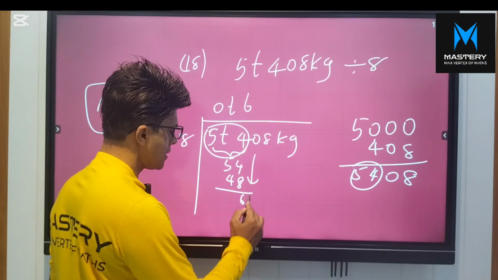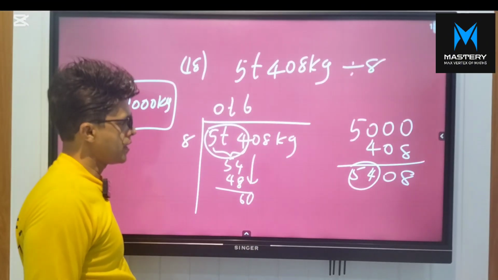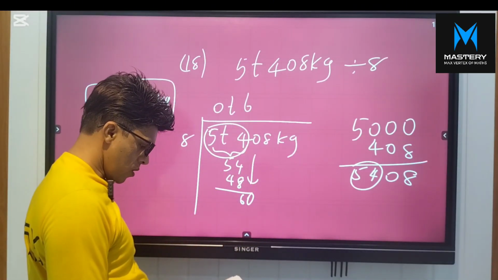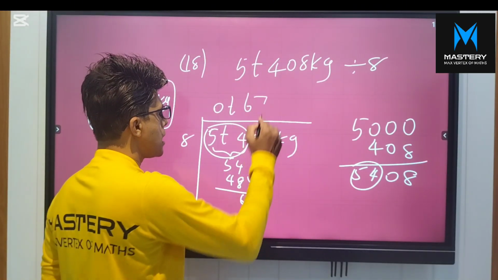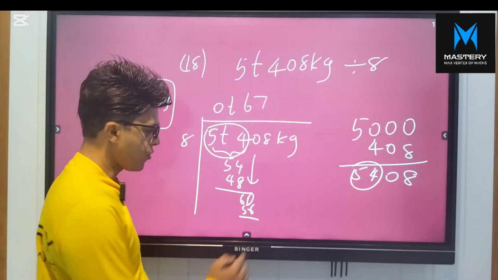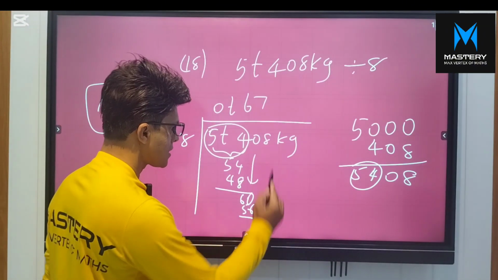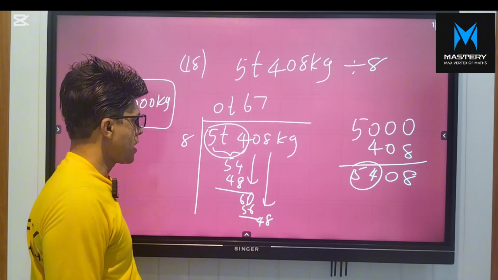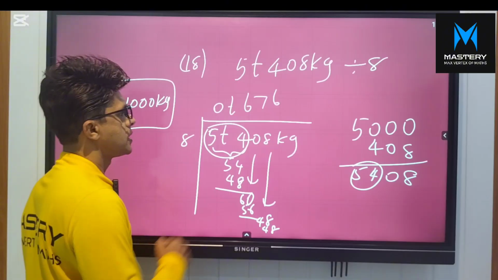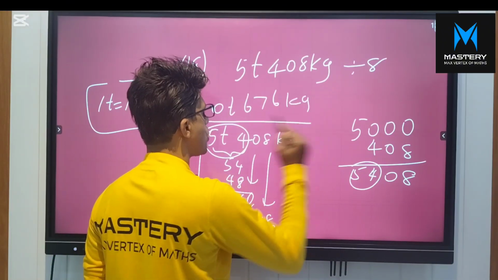Then bring down the 0 here. Then in 60, how many 8 times? 8 times 7 is 56. Then 60 minus 56 is 4. Then bring down the 8, making 48. 48 divided by 8 is 6. So the answer is 676 kilograms.